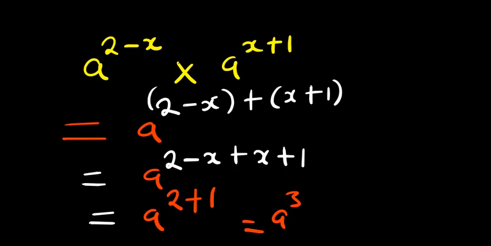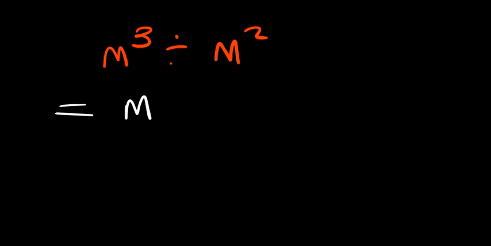So that is very important for us to understand. Let's solve another one on simplifying as powers. Let's say you are given m to the power 3 divided by m to the power 2. What are you going to do? Because you are dividing, get the base, which is the same, m, then to the powers, what do we do to the powers when you are dividing?